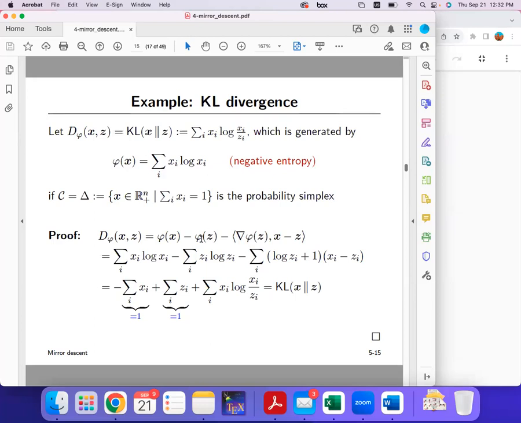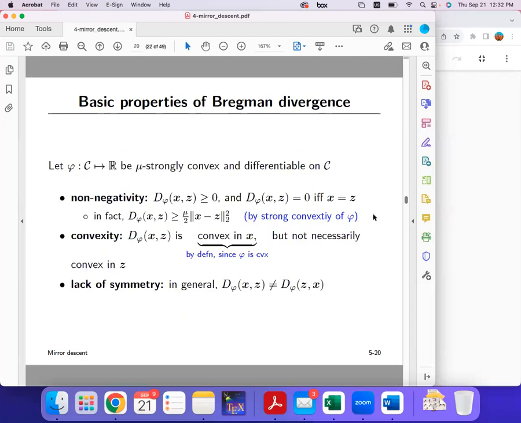By convexity, phi(x) is bigger than or equal to phi(z) plus this inner product. Therefore, this divergence is always non-negative and equals 0 if and only if x equals z. So it looks like a distance.